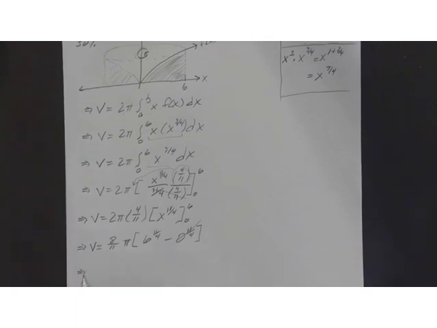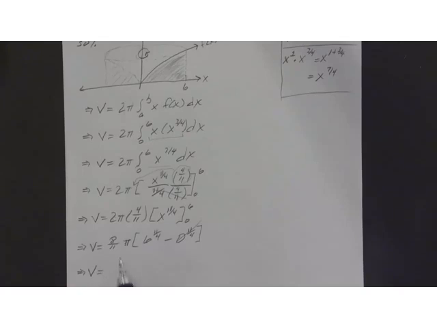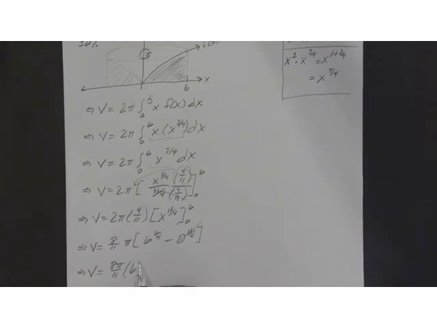So that gives us a volume, which is equal to 8 pi over 11 times 6 to the 11/4 power, which isn't the simplified version of that answer. So 9 times out of 10, if they want it in the simplest exact form, you'd have to simplify that a little bit more.